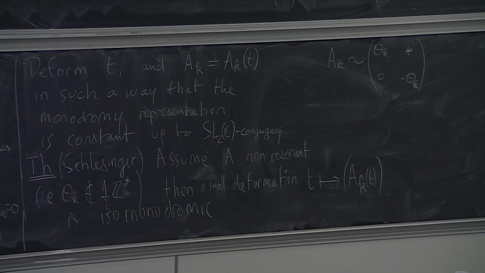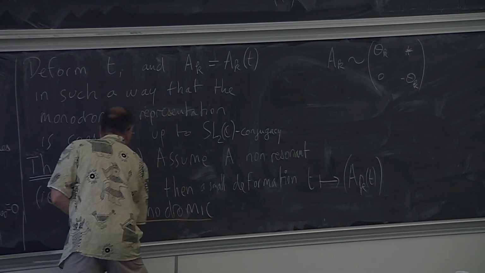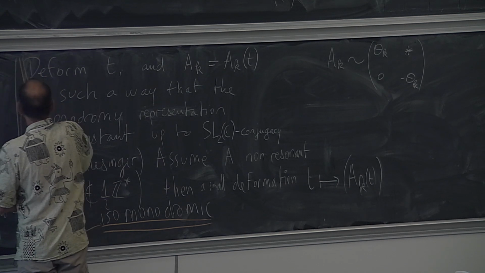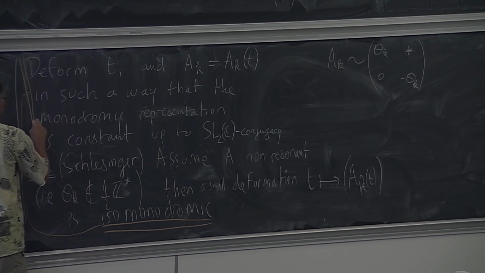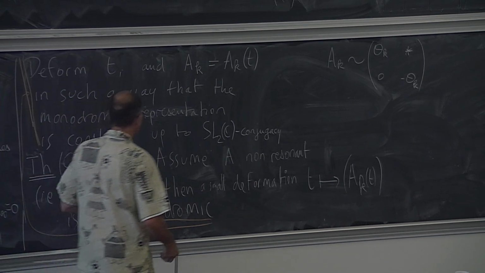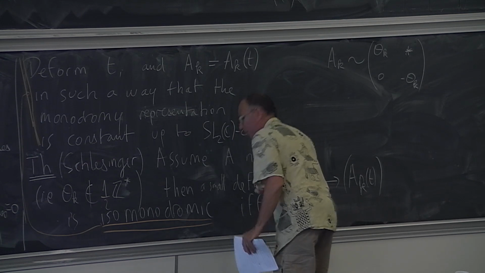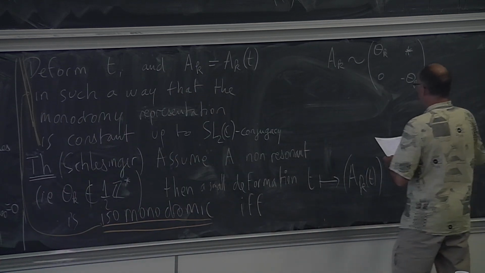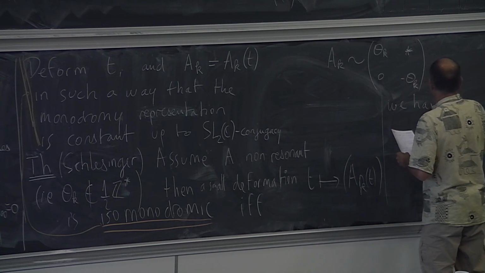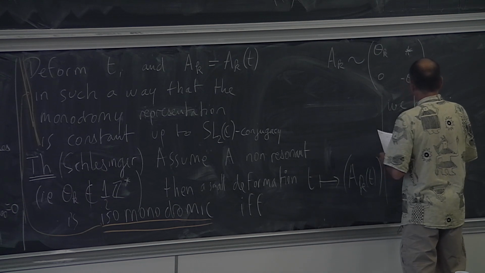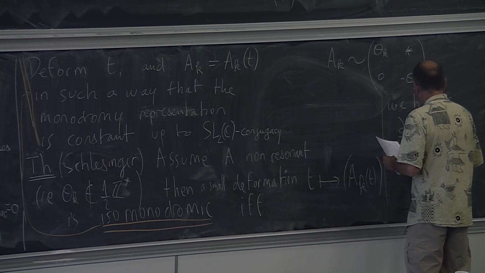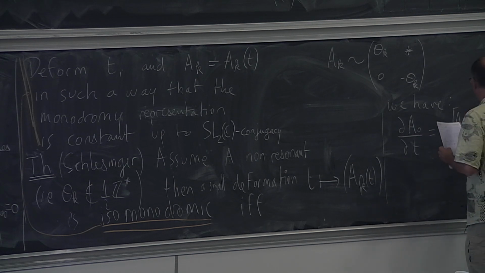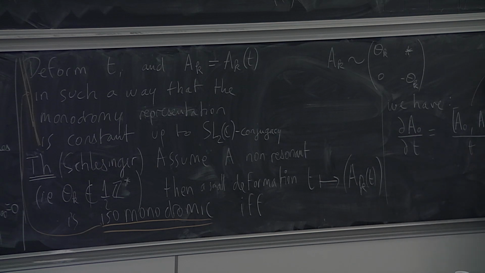So it is this. Okay. If and only if we have D of A0 over T. So the derivative of A0 is equal to A0 AT over T. So this is a Lie bracket.